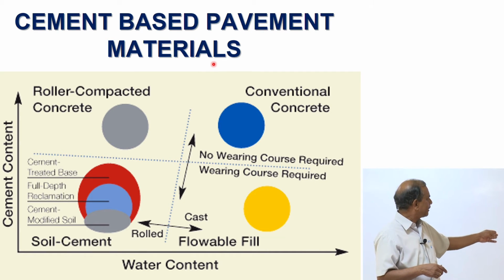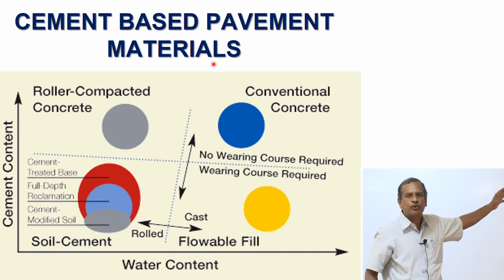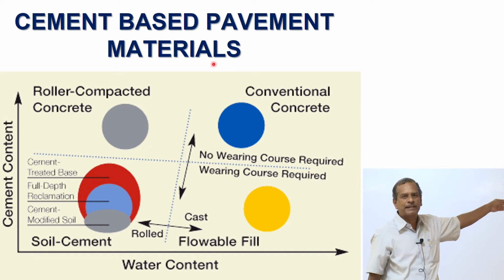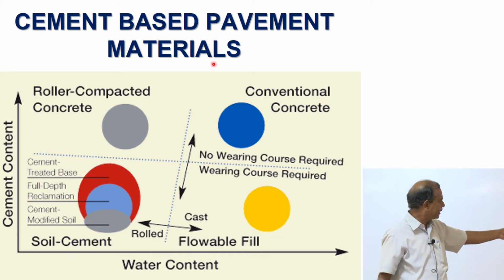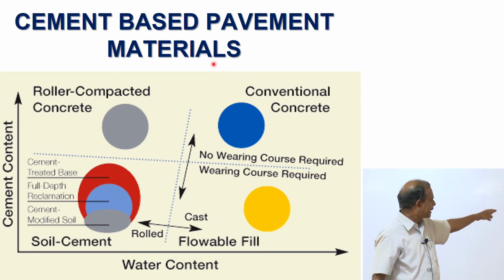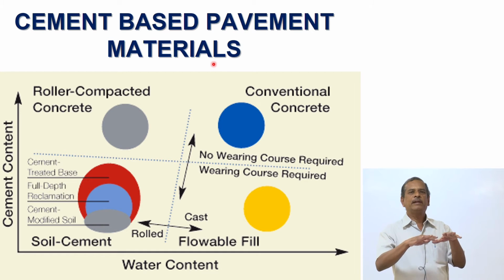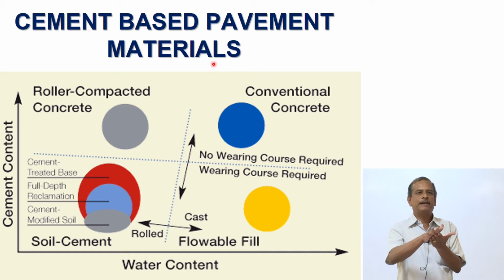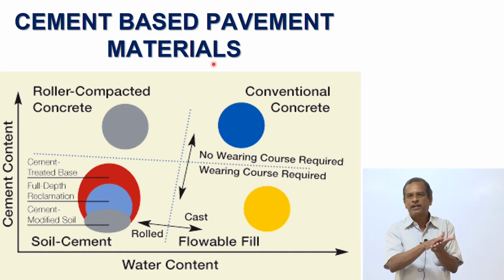If the cement content becomes more, I can also use a roller to compact the pavement. That is called roller compacted concrete. If the water content is more and the cement content is low, it cannot form a wearing course. Under repeated applications of abrasion, the so-called concrete pavement will abrade. So we need to provide a bituminous layer above that.